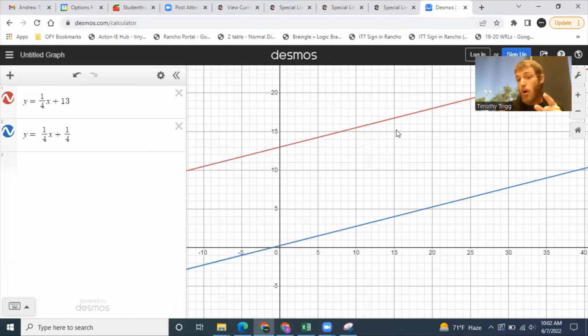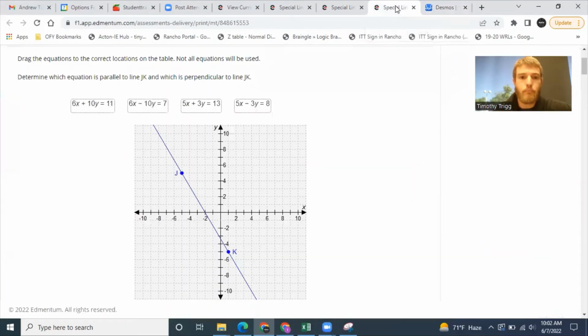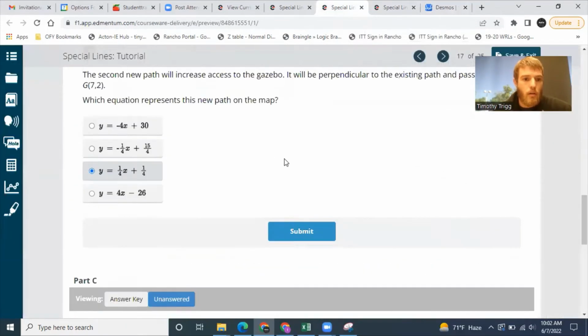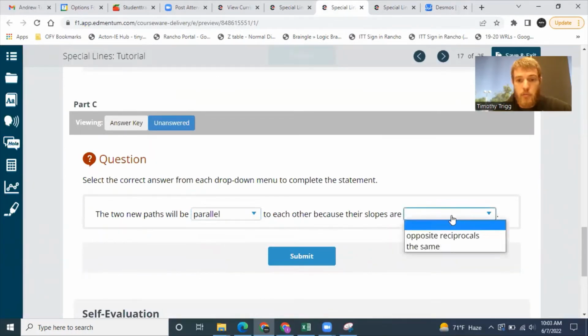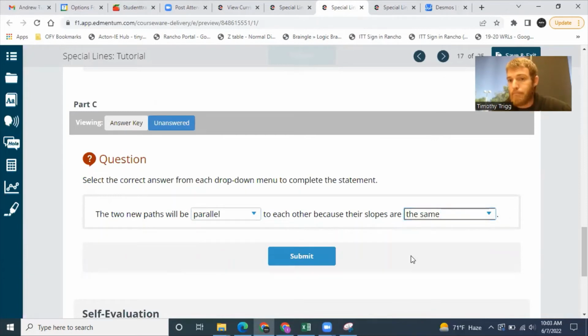So if two lines are perpendicular to the same line, then they have to have the same slope, which basically tells us that those are parallel to each other. So any two lines that are perpendicular to the same line must be parallel to each other because they have to have the same slope. So the two new paths will be parallel to each other because their slopes are the same.